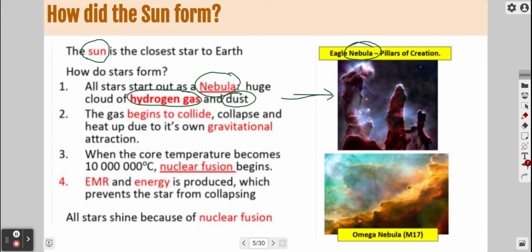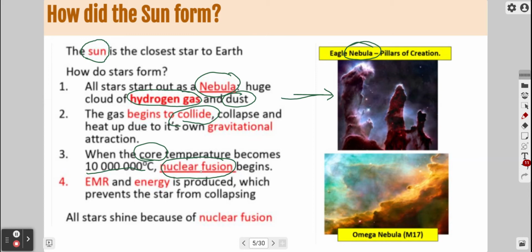So these are before stars even exist: huge clouds of hydrogen gas and dust. These gases begin to collide, collapse, come together, heat up, and they create their own gravitational attraction, which causes this energy to start heating up. When the internal core temperature becomes 10 million degrees, that's when you start to get nuclear fusion and a core beginning.